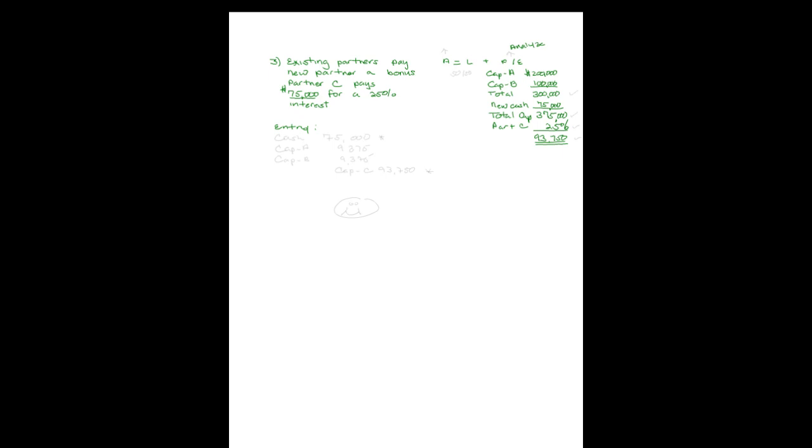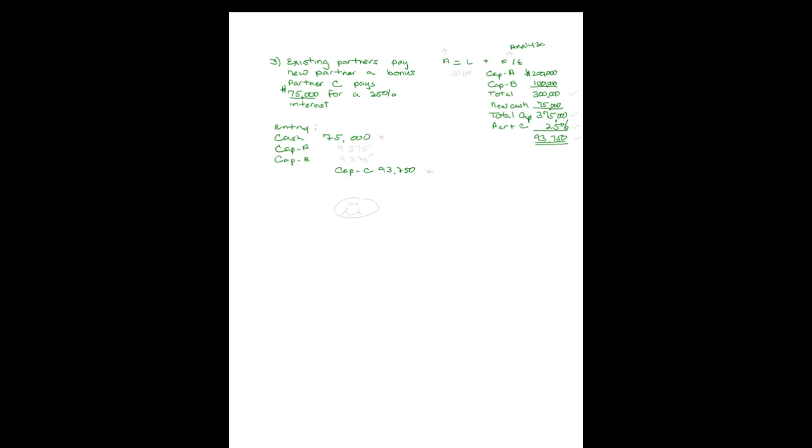So we know how much cash is coming in, $75,000. I need to leave a couple lines here. Capital for the new partner is going to be $93,750, and the old partners are paying him a bonus. Going to have to drop their capital accounts by the difference.